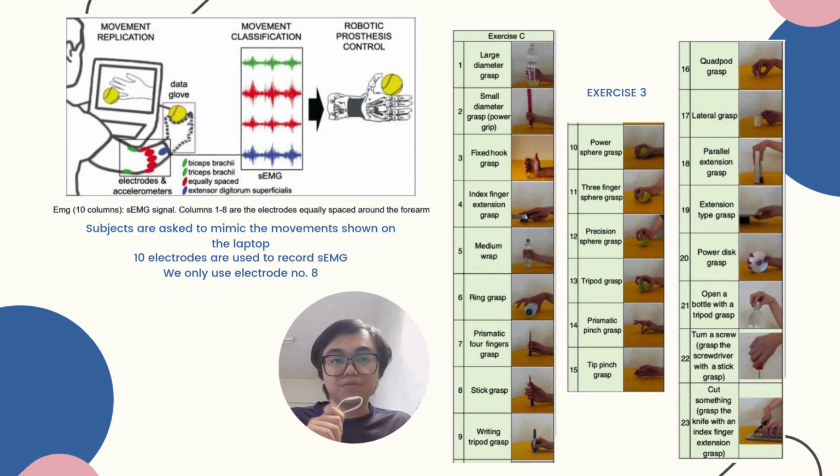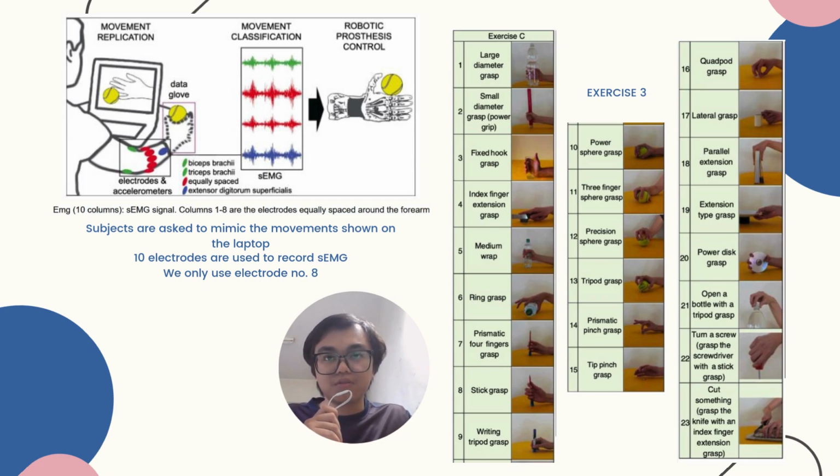The movements they have done are already listed here. Movement number 1 until number 23 is specifically for exercise number 3, and each movement of the obtained signal is recorded on the 10 electrodes of the MyoBock.